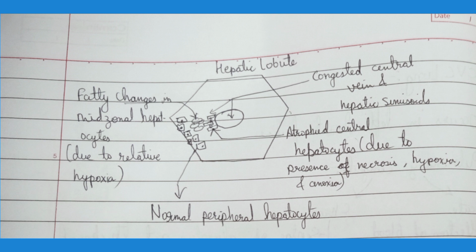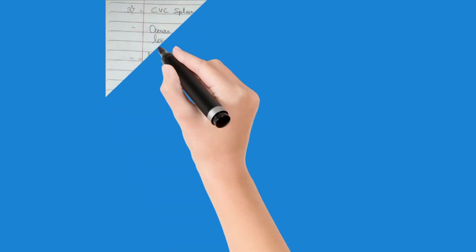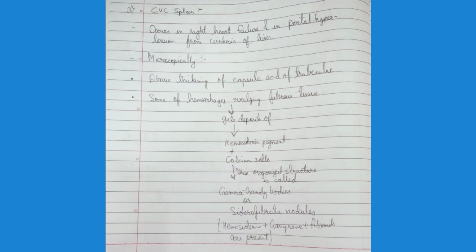Now let us see CVC spleen. It occurs in right heart failure and in portal hypertension from cirrhosis of liver. Microscopically, you will see fibrous thickening of capsules and of trabeculae. The important point in the microscopic view is that you will notice Gamna-Gandy bodies or siderofibrotic nodules, which are formed when hemorrhages overlying fibrous tissue get deposited with hemosiderin pigment plus calcium salts.